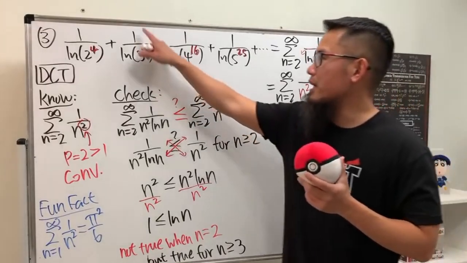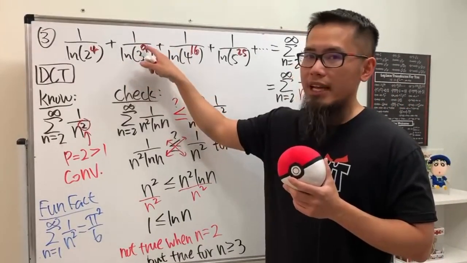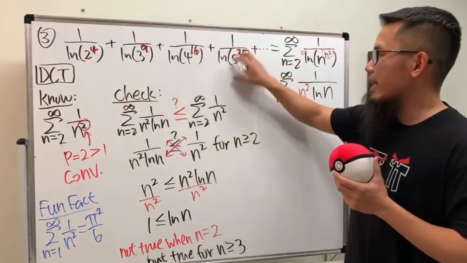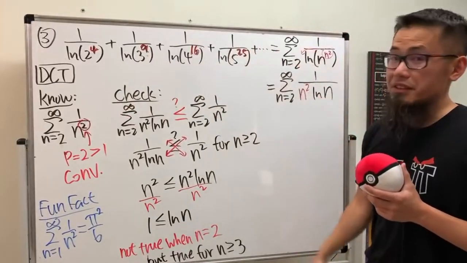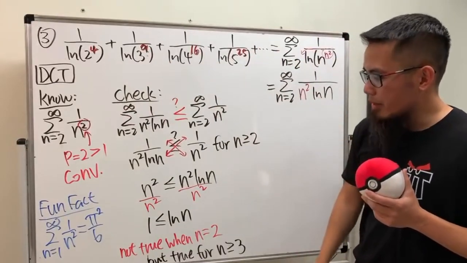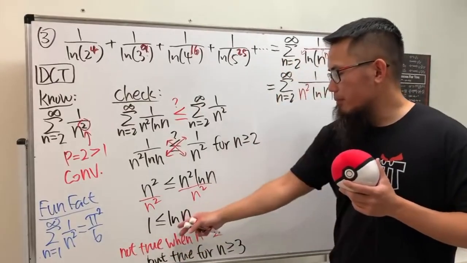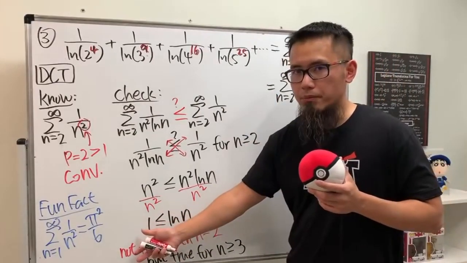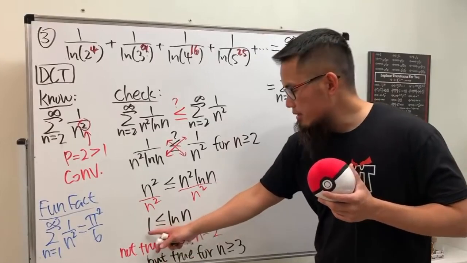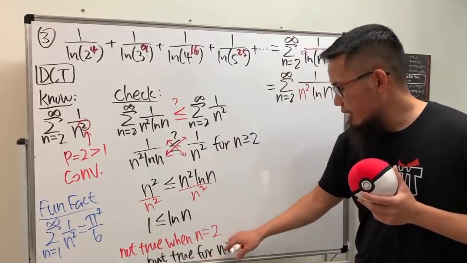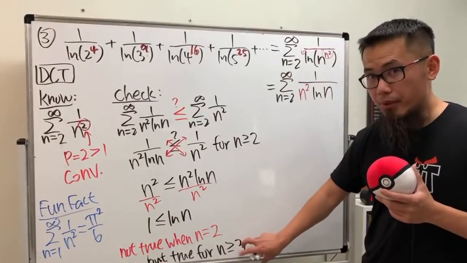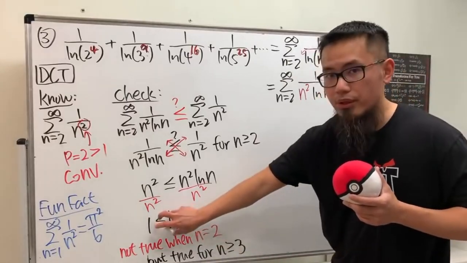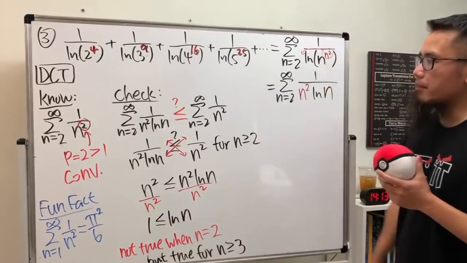I should have started with 1 over ln 3 to the 9th power, and then this, and then that, and so on. But if this kind of thing happens, you just have to remember that if the first number or the first two numbers are not true, that's actually okay. As long as this inequality is true for n greater than or equal to some number, so that it is eventually true, then that's actually okay. So just keep that in mind.